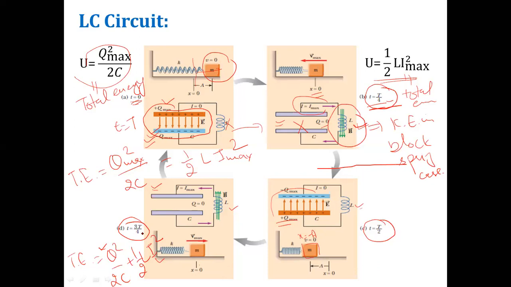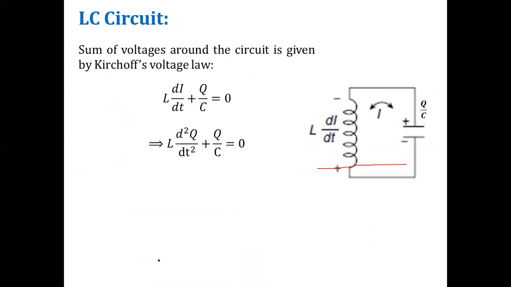But if you take any time in between these points, your energy will be the sum of both terms. Remember, I'm not writing Q max here; I'm talking about whatever charge is present in the capacitor at that point of time, and I represents the current flowing through the circuit at that time. We'll see that both charge as well as current are going to be sinusoidal functions, depending on time.